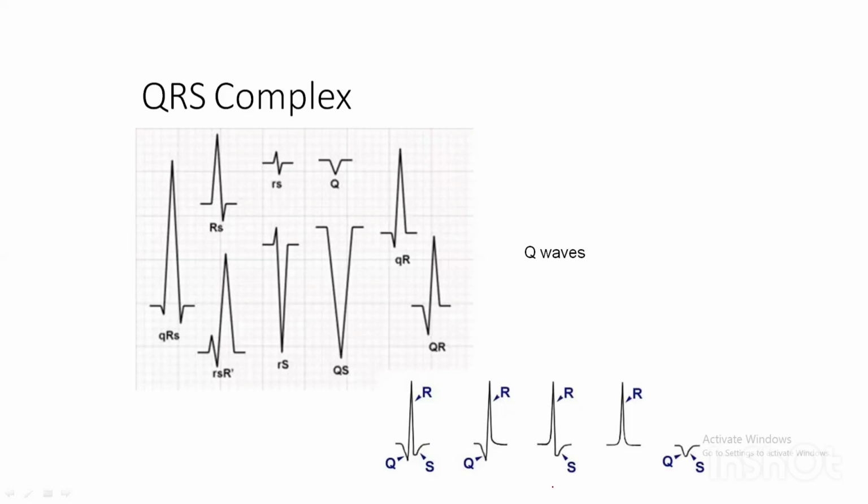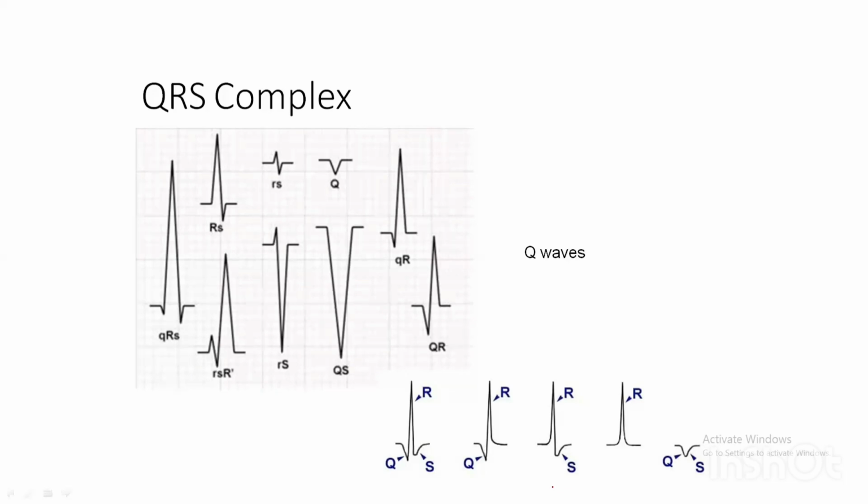So where are different types of Q waves seen? If the Q wave is very small, just a deflection and not that wide, we call it a septal Q wave. It occurs just because of the normal phenomenon that while passing through the septum, one small Q wave can be seen.